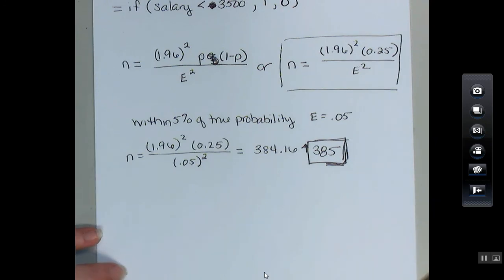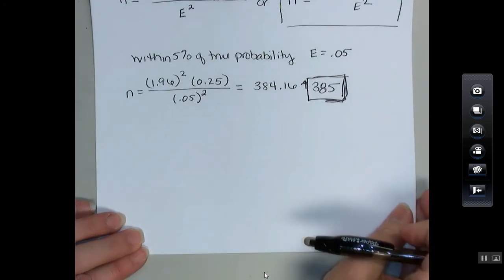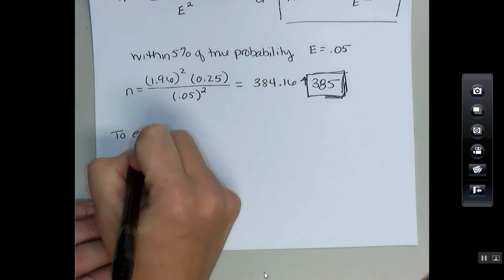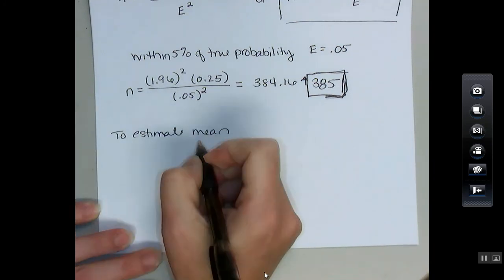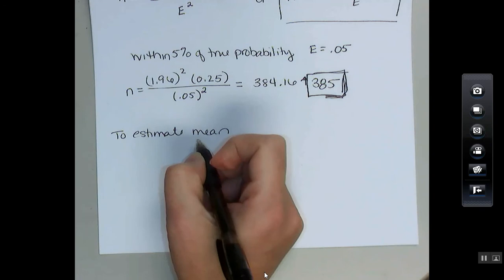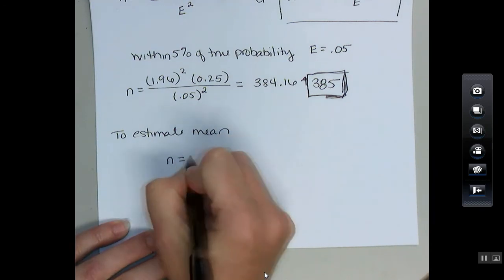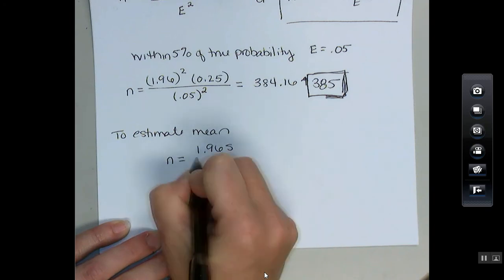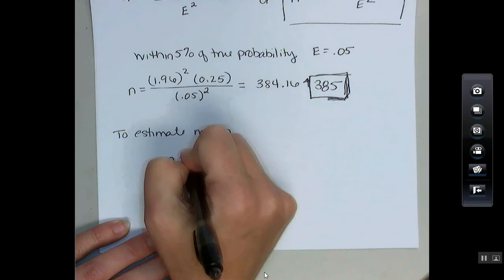Now, we're also trying to estimate a mean. So remember our formula for the sample size to estimate a mean. The formula for the sample size necessary to estimate a mean was that 1.96 critical value times the standard deviation over our margin of error, and we're going to square that.